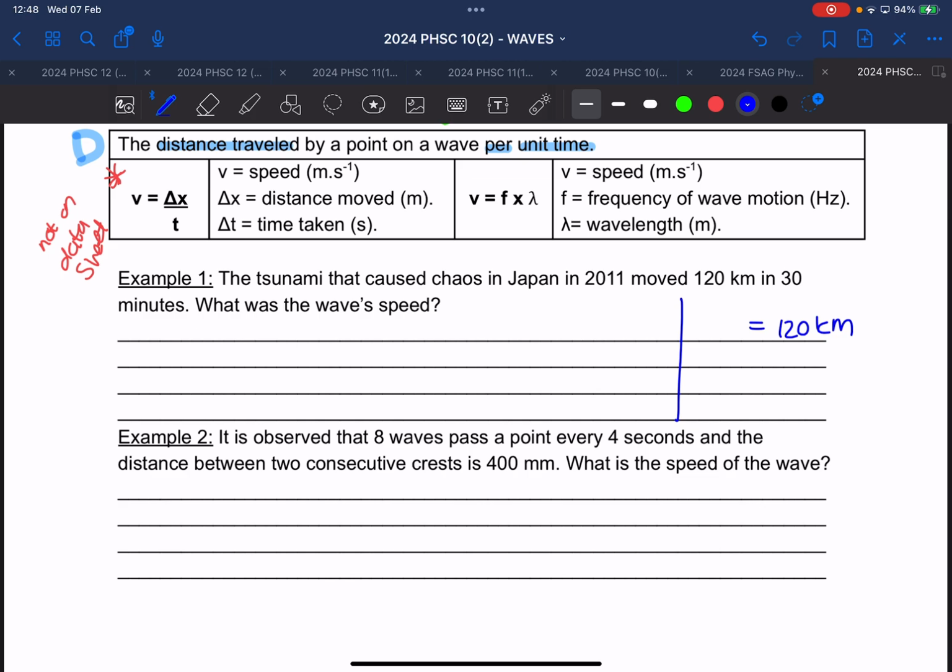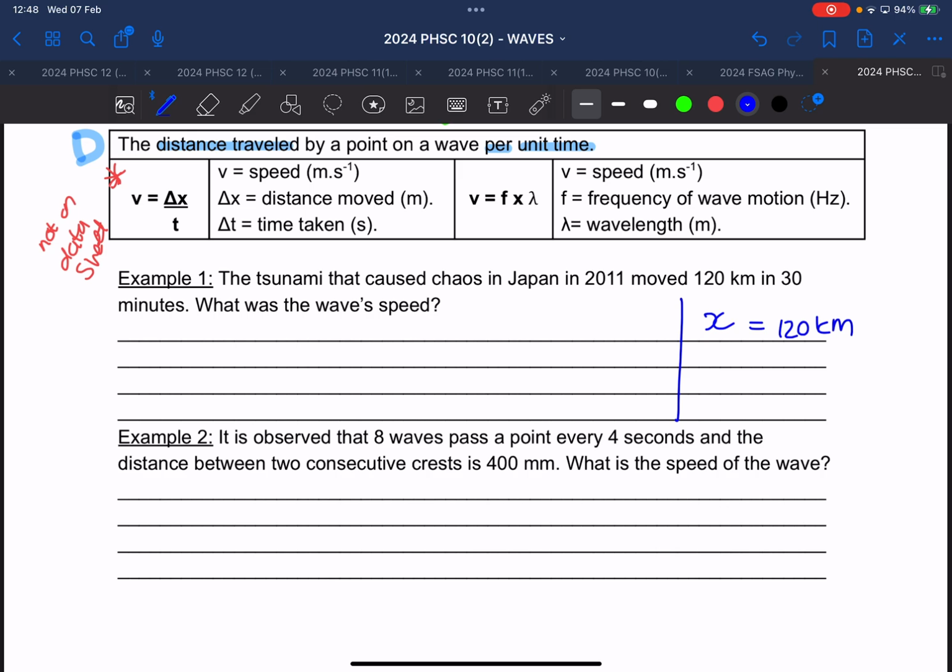I'm asking which one of these symbols goes there. Velocity. Delta x. Thank you very much. Okay, x, I said you can ignore the delta.